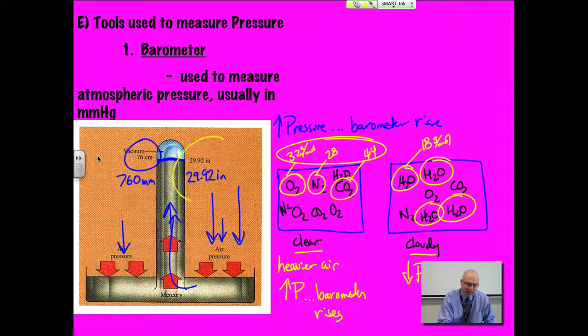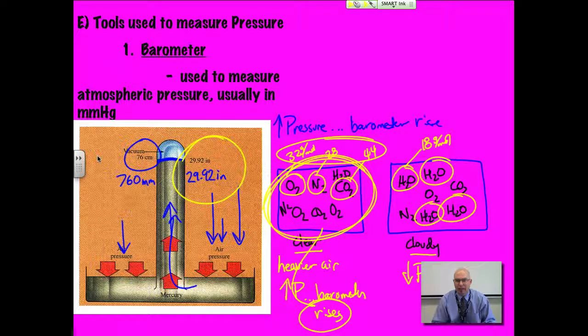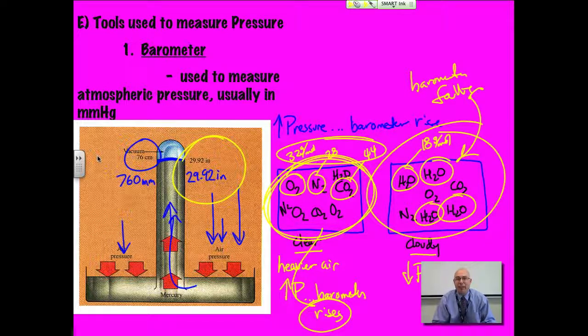So whenever you hear a meteorologist say the barometric pressure is 29.92 and rising, that means it is clearing up. When you hear that the barometric pressure is falling, then watch out, we're going to have some rain or some precipitation. All right, so there's a barometer.